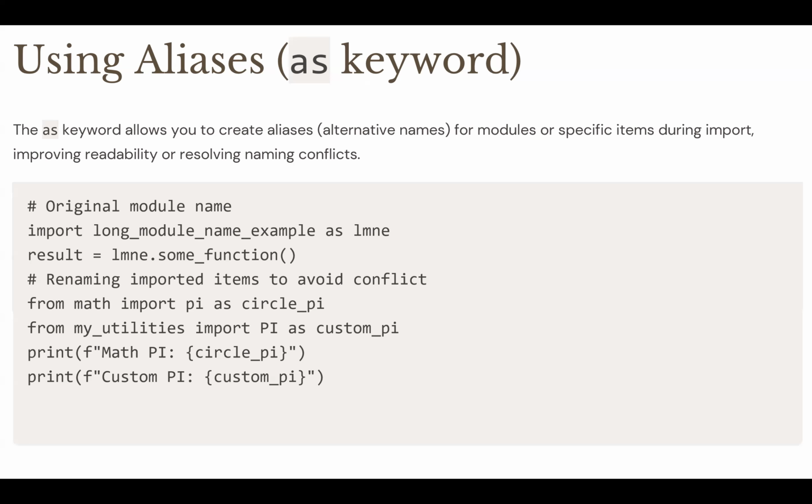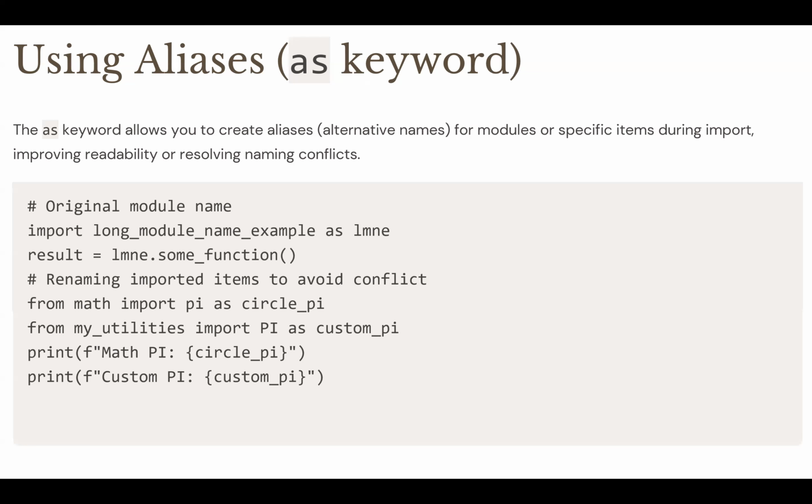This as keyword can also be used for renaming purposes, to avoid conflicts. For example, from math import pi. Pi can be used to find the area of a circle, and in some trigonometric functions also.